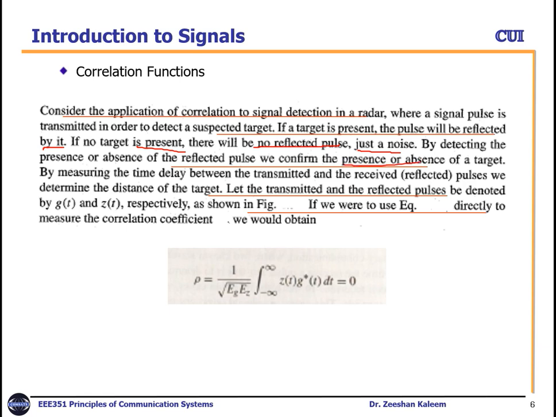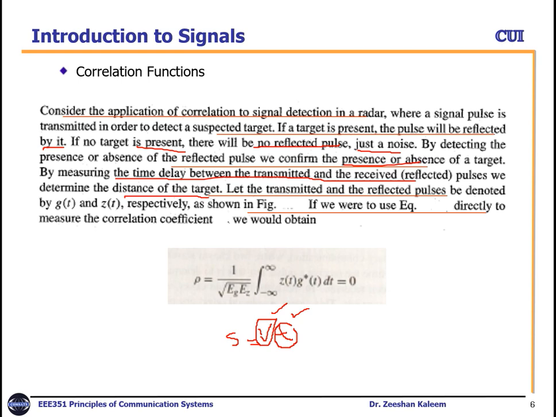The other problem is that by measuring the time delay between the transmitted and received pulses, we determine the distance of the target. You note that S is equal to Vt, right? When we are transmitting any wave, we know the velocity of that wave. So it is known, and by transmitting the pulse and getting it back, we know the time of that pulse.